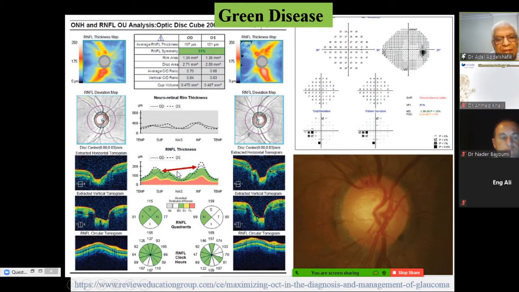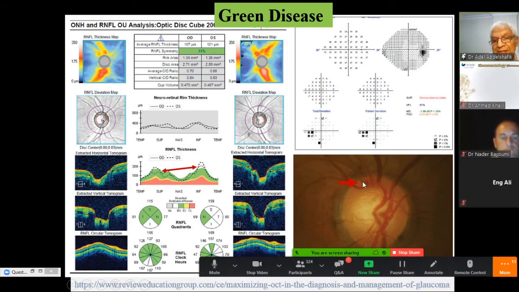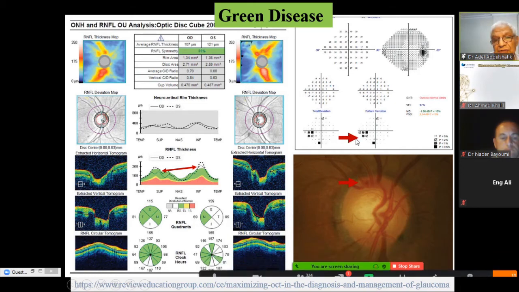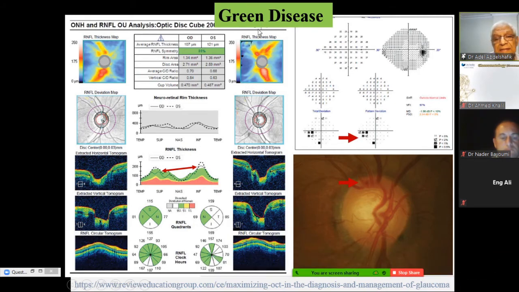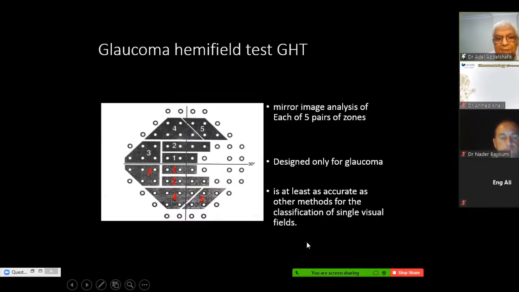The authors show that there was asymmetry in the right eye, between the superior and the inferior. Although everything looks fine, everything is perfect, on the examination there is a hemorrhage, and in the field there are field changes. So this is a green disease. You can miss it unless you check this point of asymmetry.